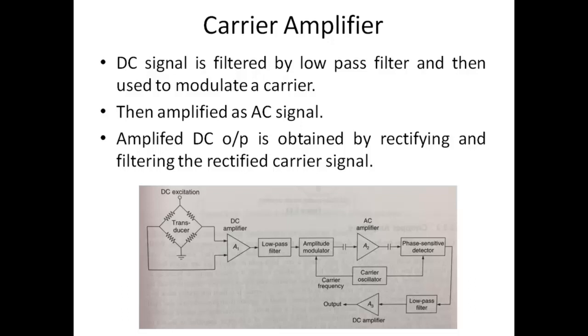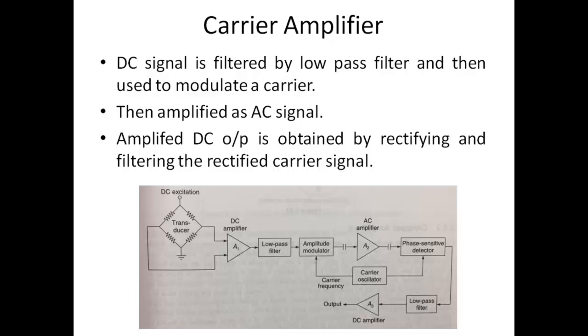Basically, the small DC signal that you obtain from the human body is used to modulate a sinusoidal wave. Modulation we will study in the later part of this chapter. In short, modulation is when some parameter of the carrier wave is changed in accordance with the value of your base signal, or the information signal.